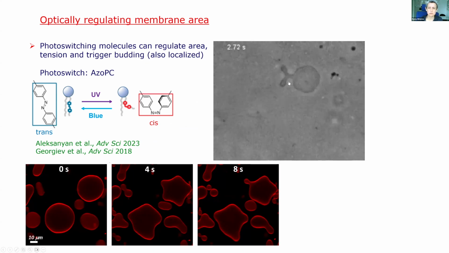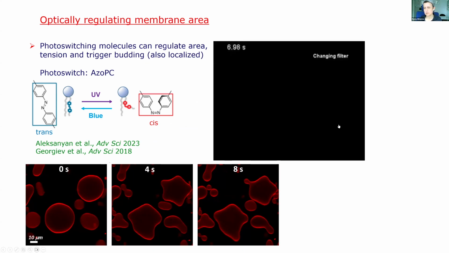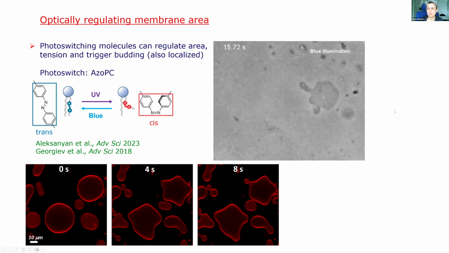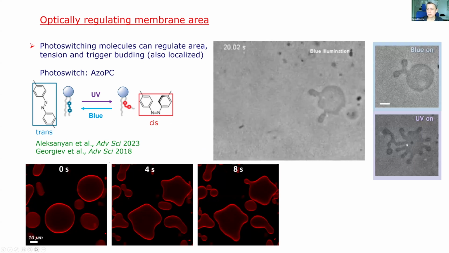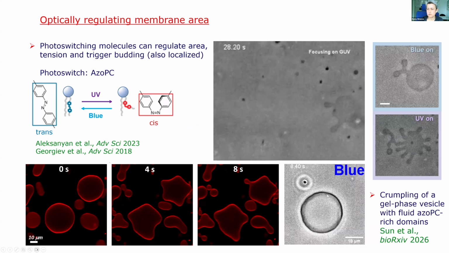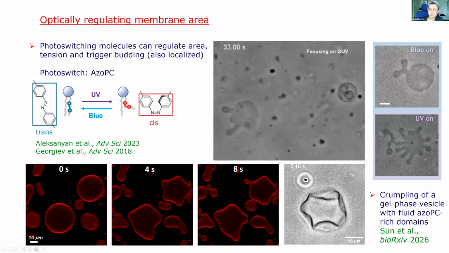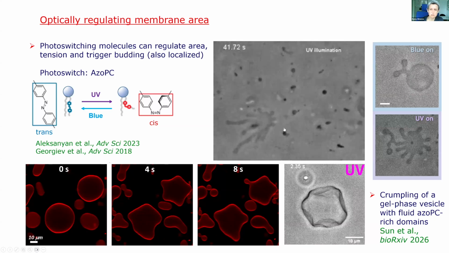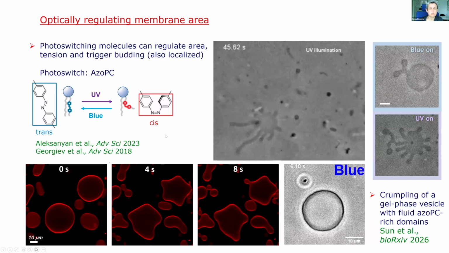Here's one example of a vesicle, which is a little bit deflated. It changes its area dramatically when you shine UV light, and then it reverses by blue light, and this can go back and forth. Even if you have a vesicle that is made of gel phase lipids and fluid azo-PC-rich domains, it can induce crumpling, but this is not the point of this project.